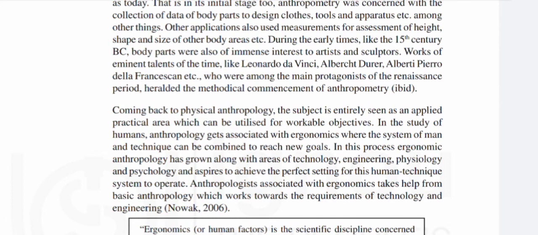In this process, ergonomic anthropology has grown along with areas of technology, engineering, physiology, and psychology, and aspires to achieve the perfect setting for this human technique system to operate. Anthropologists associated with ergonomics take help from basic anthropology, which works towards the requirement of technology and engineering.